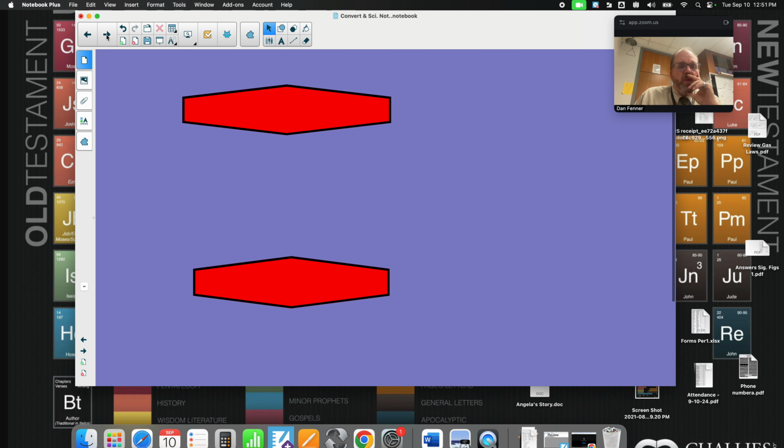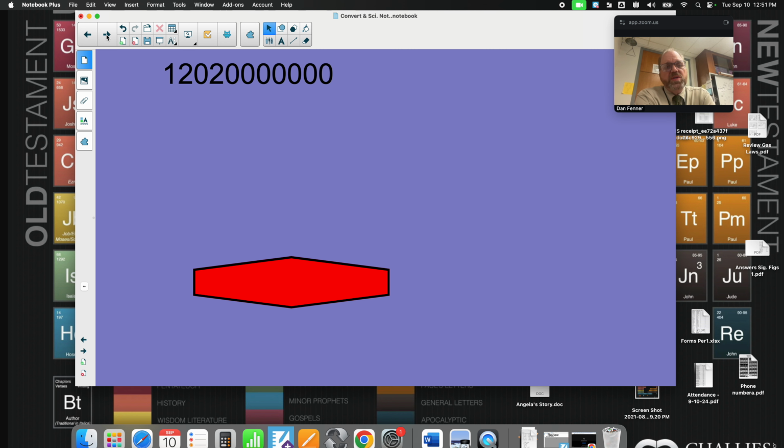So let's take a look at one. Let's take a look at this one: 120200000000. So you just pound away on that 0. All right, so we need our base number. Remember, the number has to be at least 1 and can't be 10. So if you look at that number, that base number would be 1.202, okay? Because it can't be bigger than 10, and it has to be at least 1.